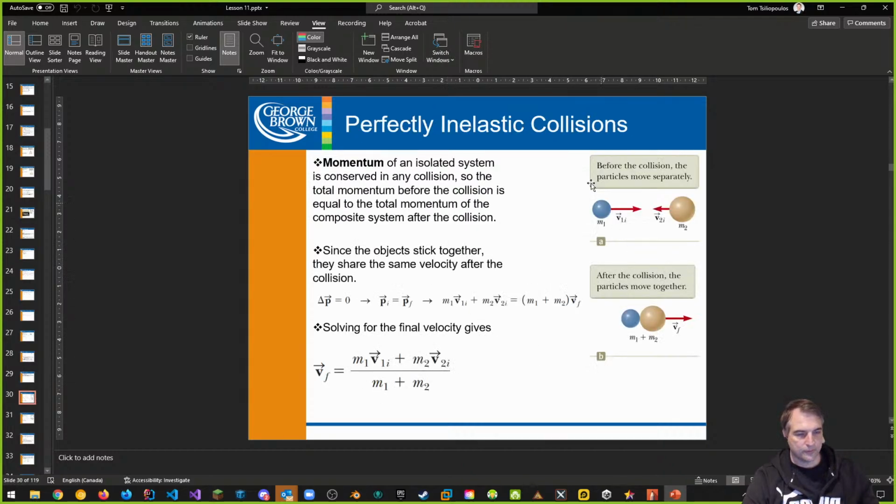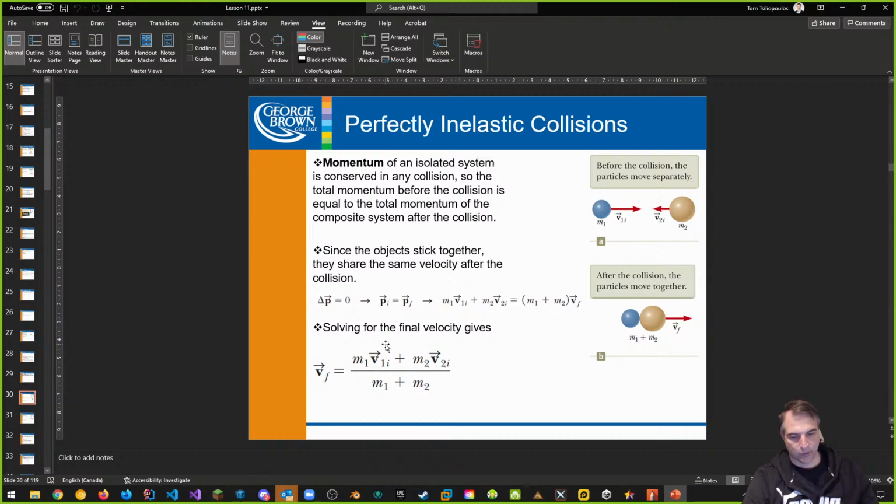All right, in perfectly inelastic collisions, if I have two objects and they collide, then they bond together and move together afterwards. So mass 1 and mass 2 come together, and then they move on together. Unless the velocity of mass 1 is very great, way bigger than mass 2, they're going to bond together and go in the same direction as mass 1.